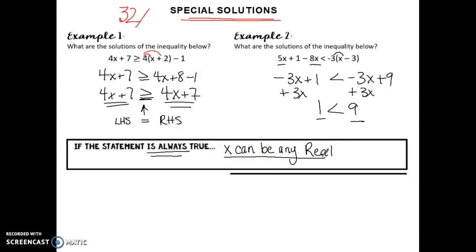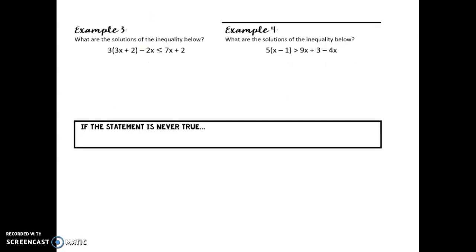All right. The last type of problems, example 3 and 4, this is when we get no solution. So let's start solving these equations. Distribute: 9x plus 6 minus 2x is less than or equal to 7x plus 2. Combine like terms.